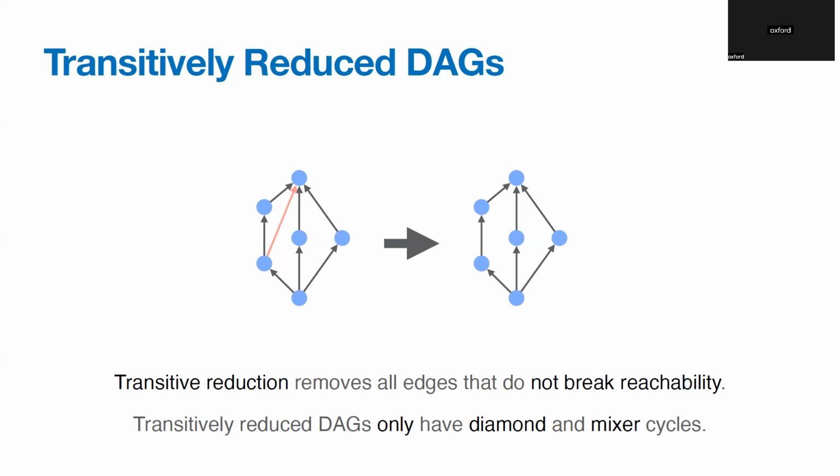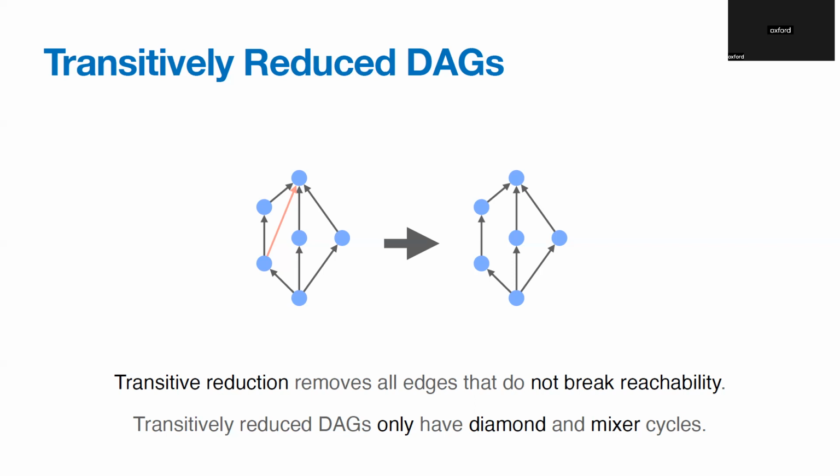And then by definition, transitively reduced DAGs don't have shortcuts. So we're down to two types of cycles, or generalized cycles. And this is good for multiple reasons. First, we have a minimalistic representation of the reachability of nodes in the graph, which also means we have the least types of cycles that we can consider, because we know we don't have directed cycles and we also eliminate all the shortcut cycles.